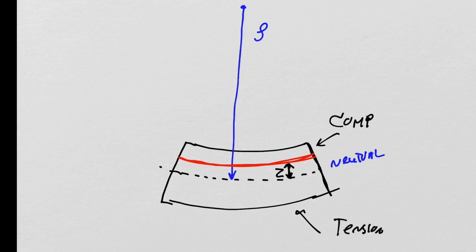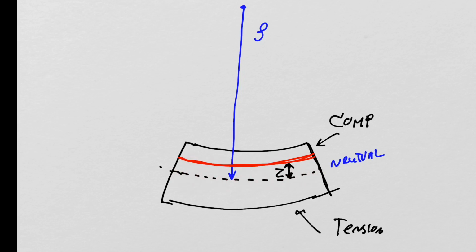So the question we want to answer first is, what is the length of this particular fiber, this little fiber I just drew, relative to the length of the neutral fiber, the uncompressed and unstretched fiber?